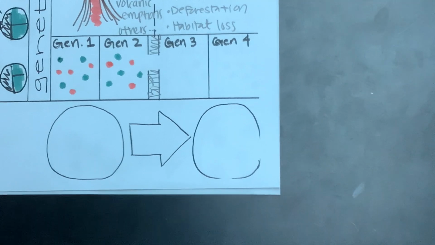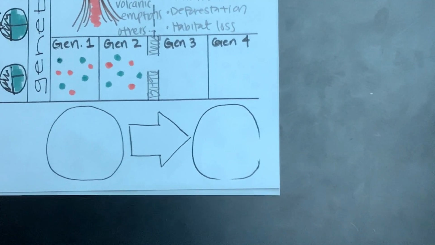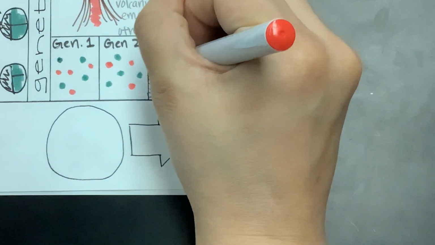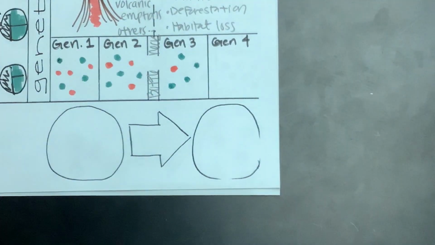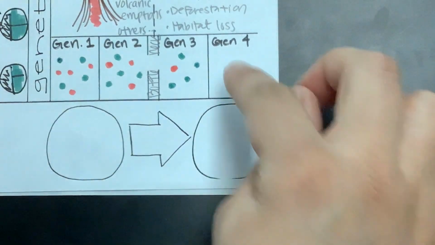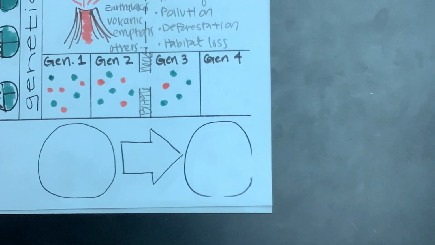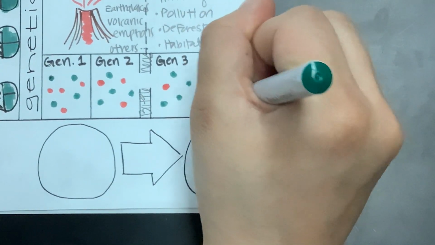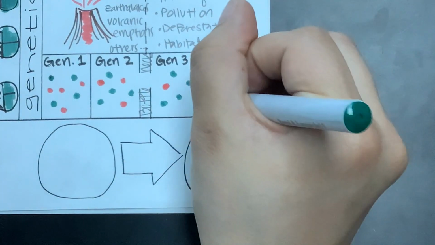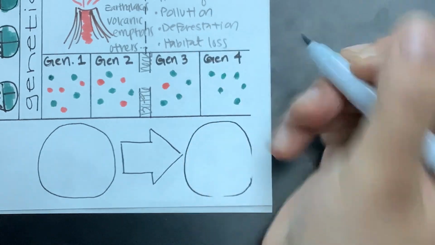And what you're going to see is that now maybe we only have 1 red gene, but again, we still have a lot of those green genes. And eventually, by the time that we get to another generation, that gene is completely gone. And all you see is these genes.